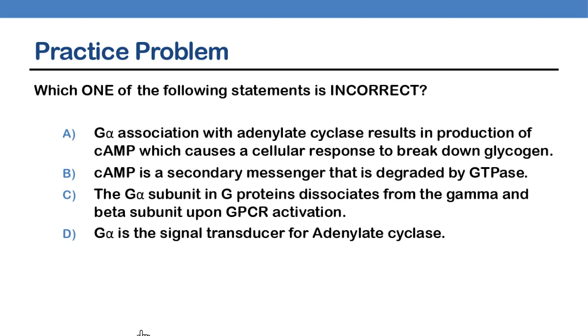The alpha G protein associates with the adenylate cyclase, results in production of cAMP, which causes a cellular response to break down glycogen. cAMP is a secondary messenger that is degraded by GTPase. The alpha G subunit in G proteins dissociates from the gamma and beta subunit upon GPCR activation. Alpha G protein is a signal transducer for adenylate cyclase.